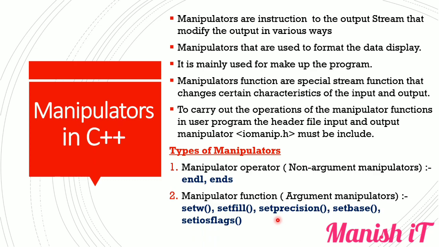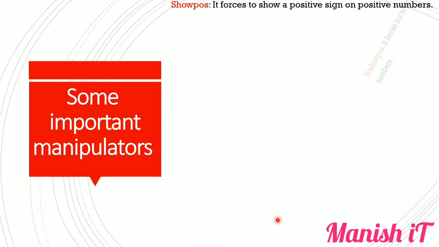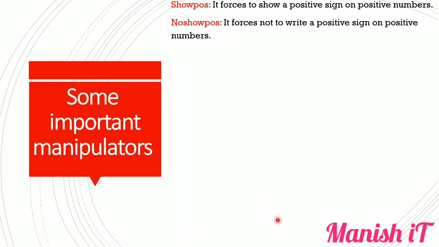Next, our discussion is about some important manipulators. First is showpos. It forces a positive sign to be shown on positive numbers. Next is noshowpos. It forces no positive sign on positive numbers. Next, showbase.